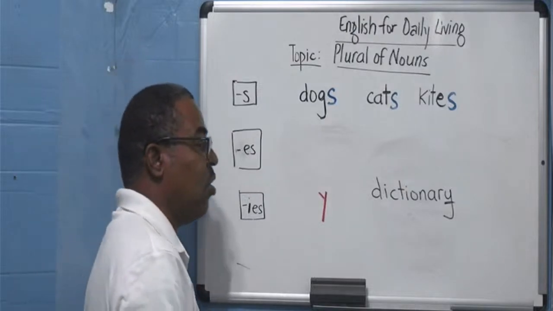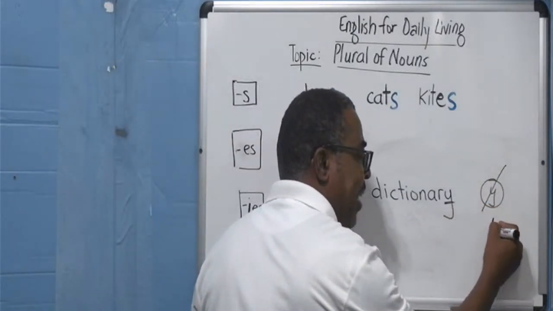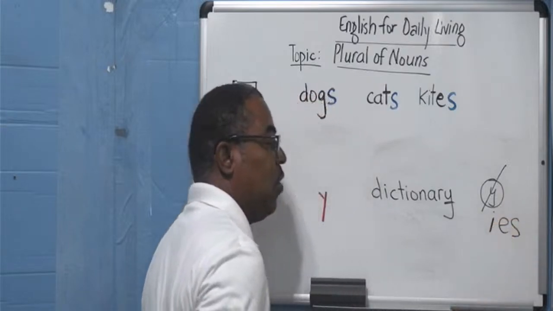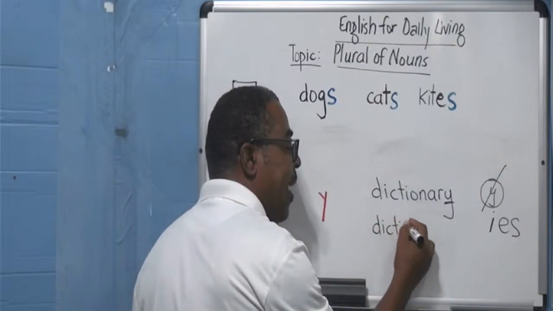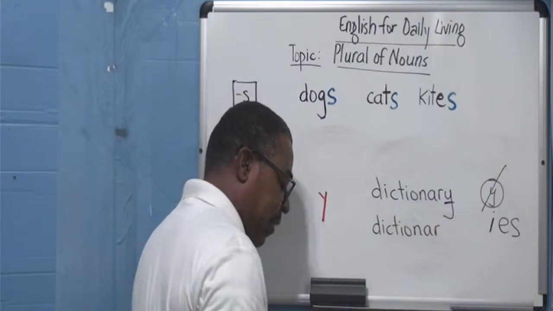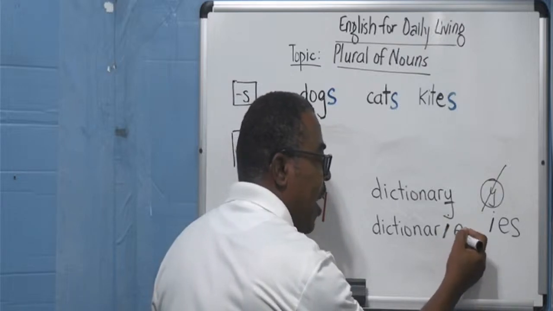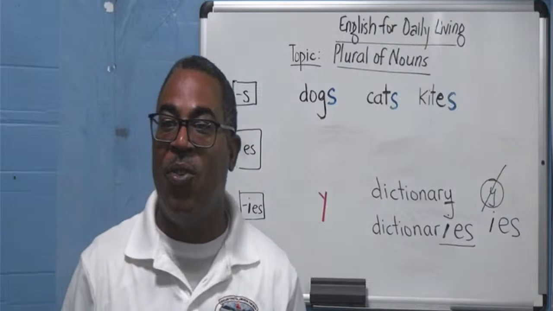The rule tells us first we have to change the Y to I and then go ahead and add ES. So one dictionary but two dictionaries. Y to I, and then ES. Dictionaries. Very easy to do.